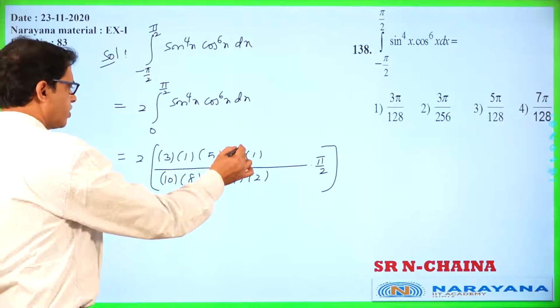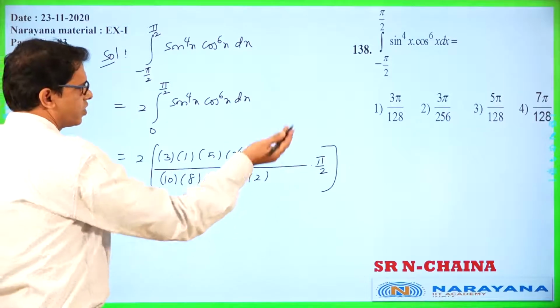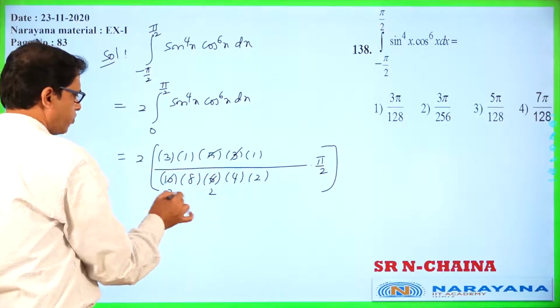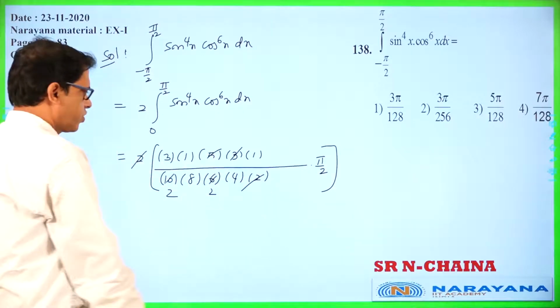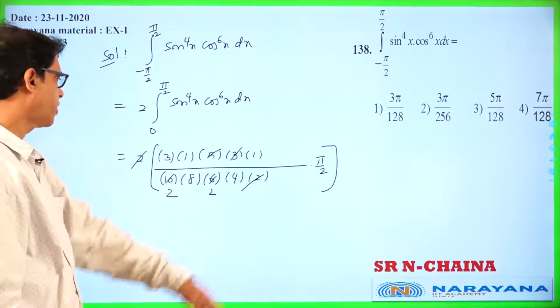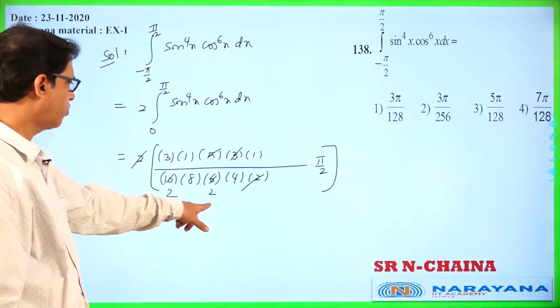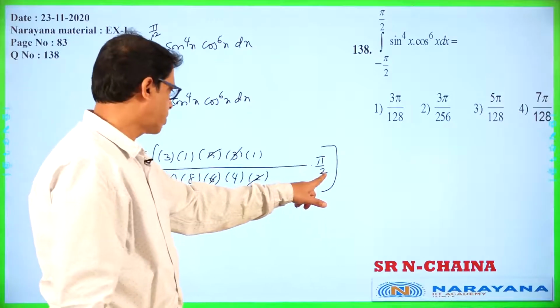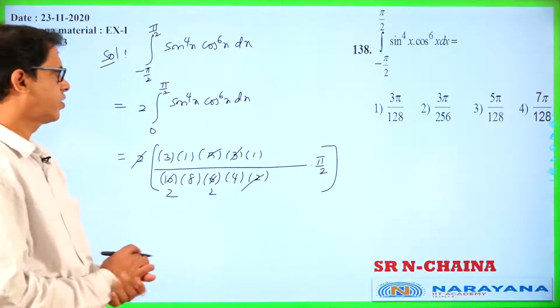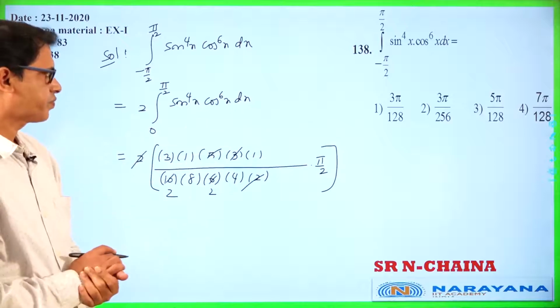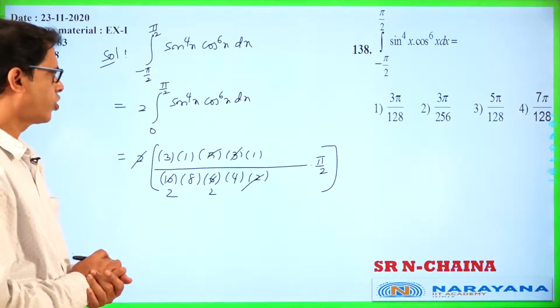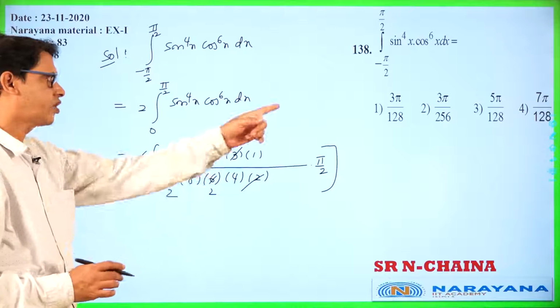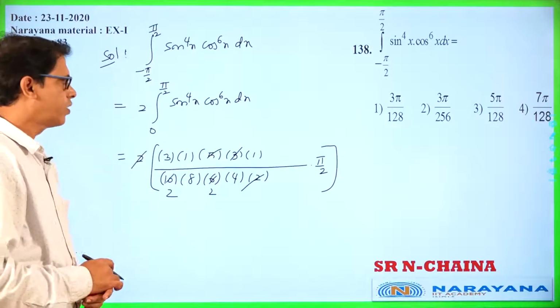Same as previous. So here it is 5 ones, 5 twos. So 2 cancels out. The numerator is the same, 3 pi. The denominator 16, 32, so 32 plus 32 twos are 64, 64 fours are 256. So 3 pi by 256. Option 2. Okay. Next one.